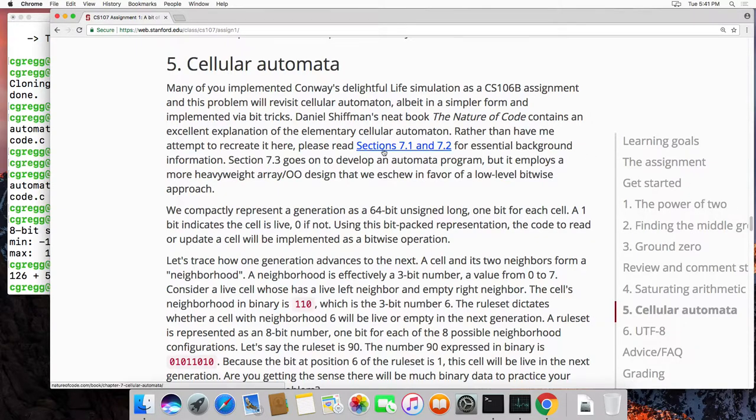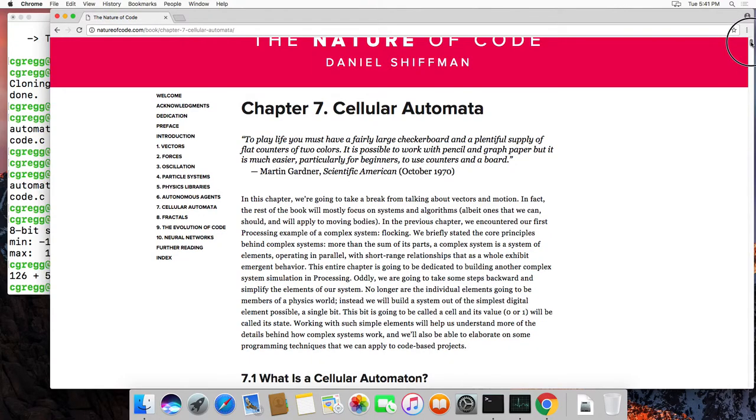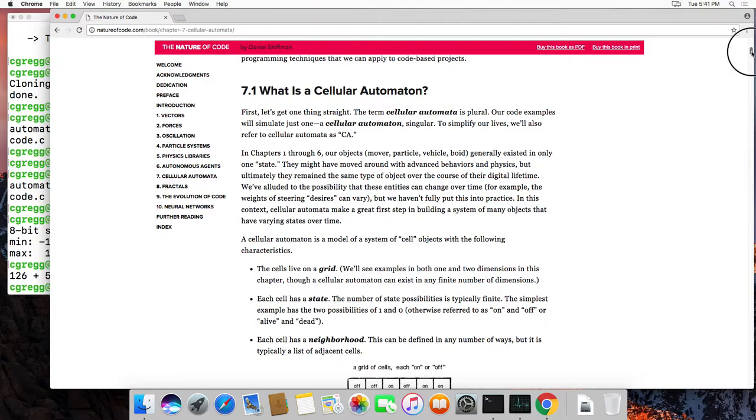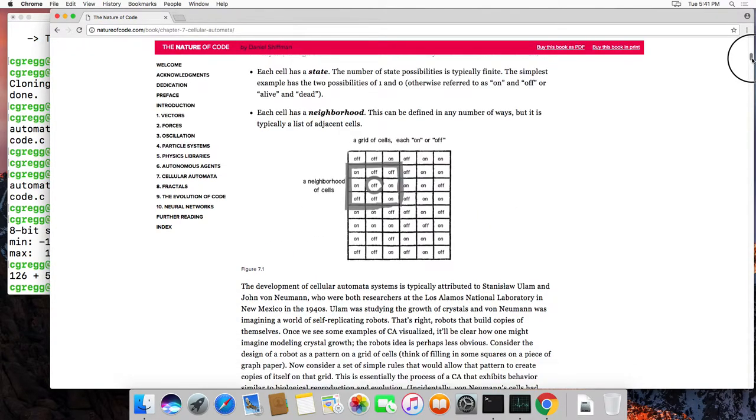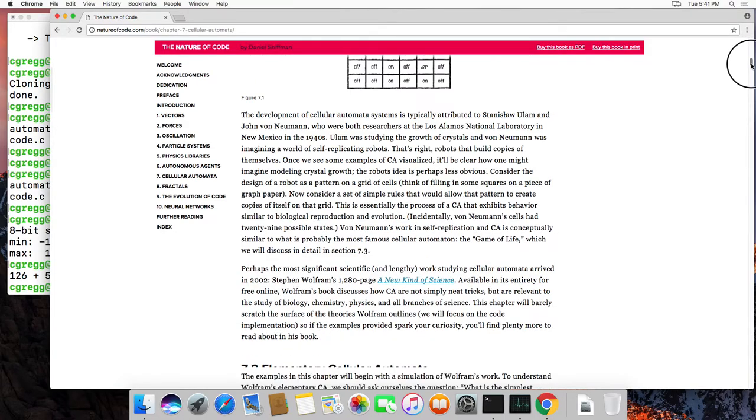Now, if you want to know information about cellular automata specifically for this problem, go read section 7.1 and 7.2 in this book called The Nature of Code. It's very well written and interesting, and it talks all about how these things work. It gives you a little bit of information about a neighborhood. This happens to be a 2-dimensional one here.